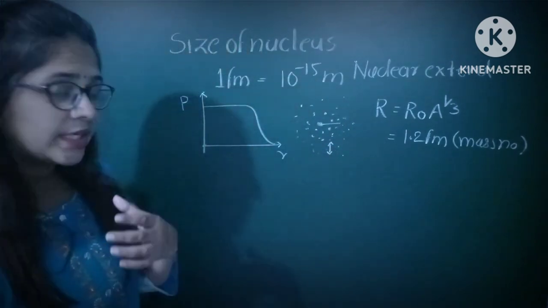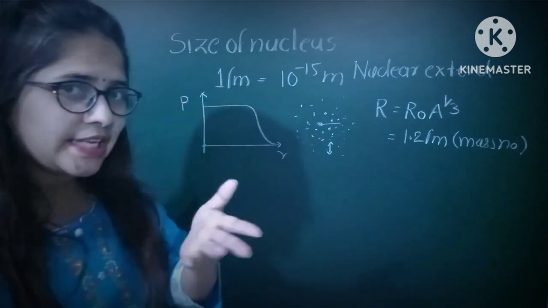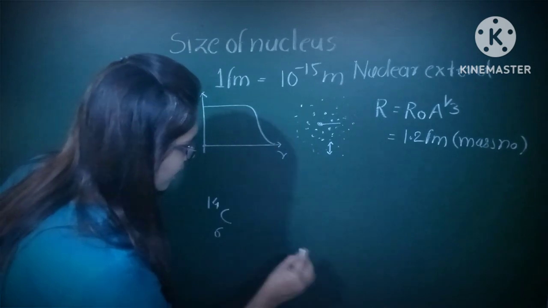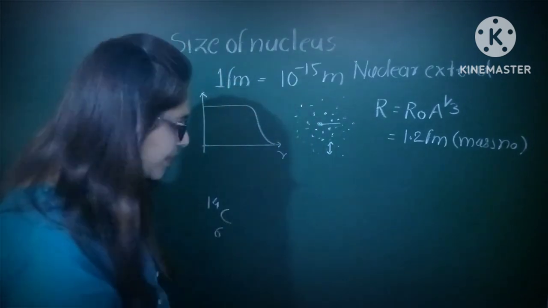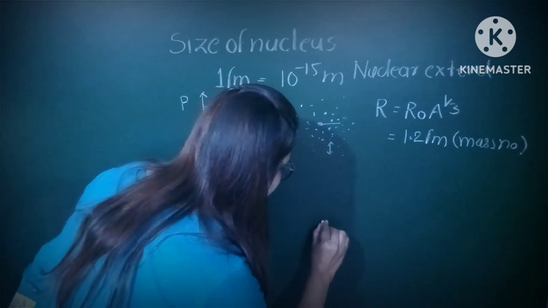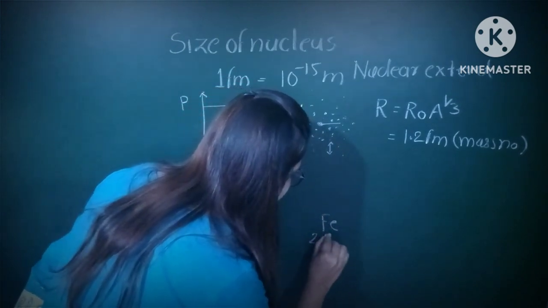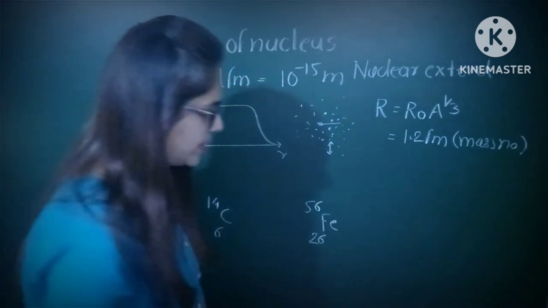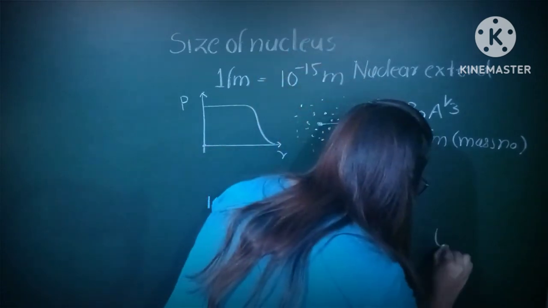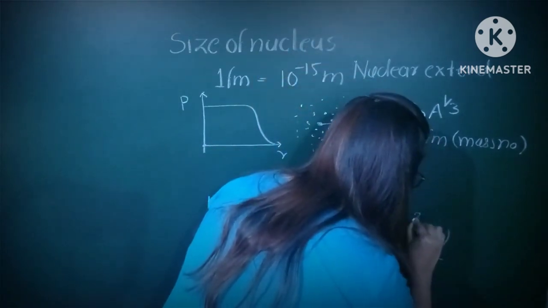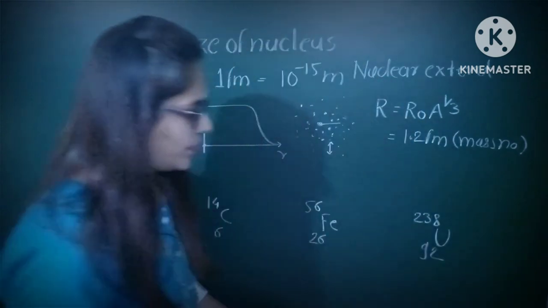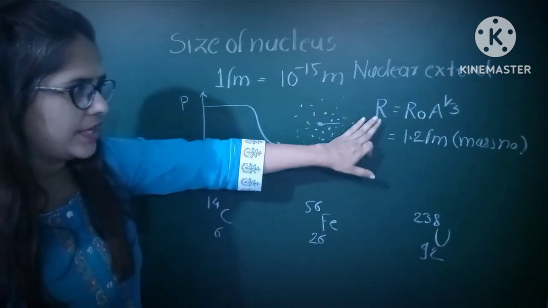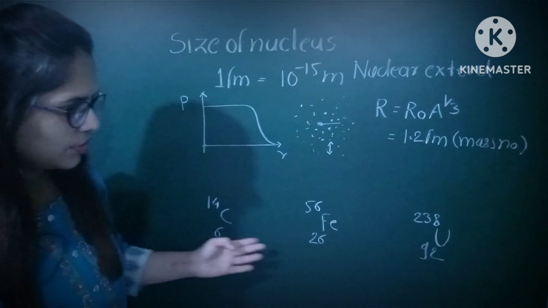The picture will be clear if we take a few examples. Take carbon 14, a middleweight nucleus like Fe 26, 56, and a heavyweight nucleus, say uranium 92, 238. By using this radial extent formula, we can evaluate the radial extent of all these nuclei.